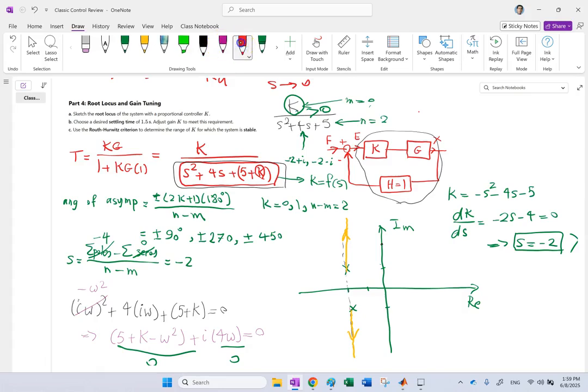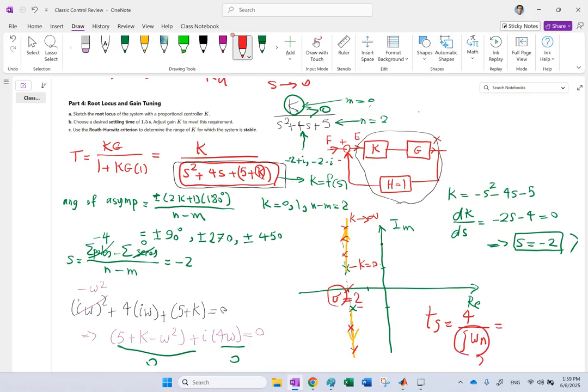Well, remember the settling time is equal to 4 over sigma, and sigma is zeta omega n. And for these poles, that is that sigma. So in this system, whatever you do, at the poles k equals 0, and as you go to the imaginary zeros, k goes to infinity. So regardless of what you do, the poles in this system will always have a sigma of 2.